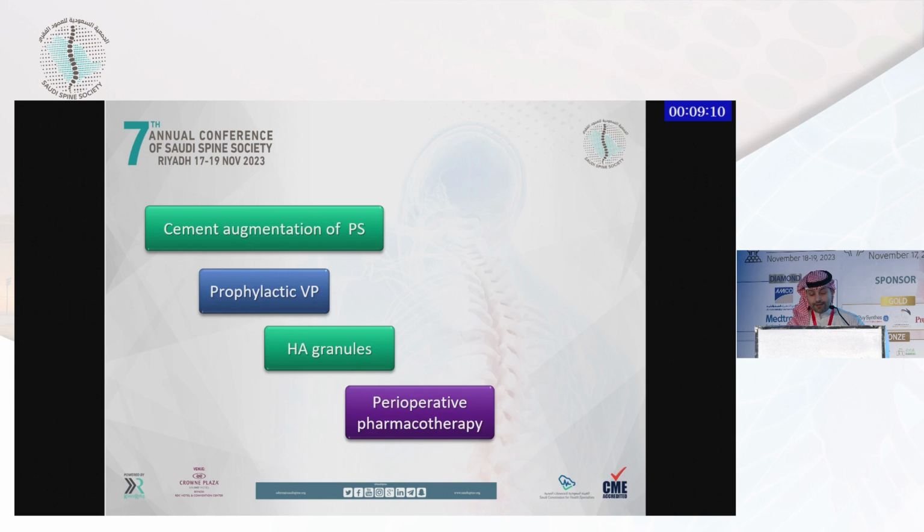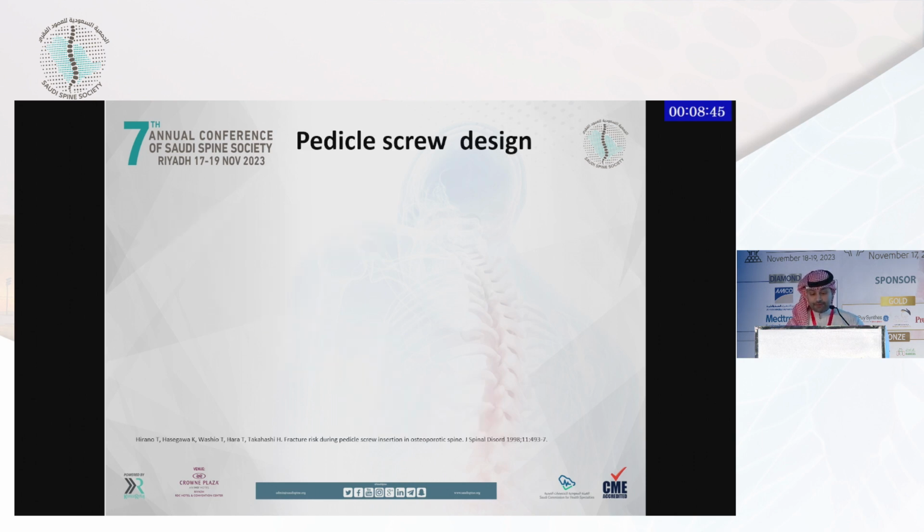Other commonly used strategies are cement augmentation of pedicle screws, prophylactic vertebroplasty at the UIV and UIV plus one, using hydroxyapatite granules, and a very important aspect, as Dr. Sadat Ali mentioned, perioperative optimization using medications.